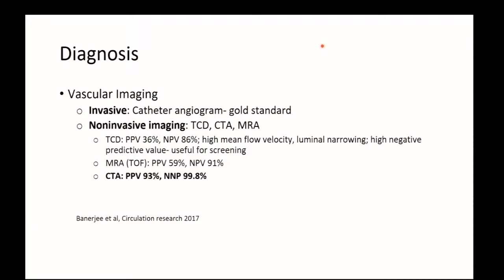So everything was compared to the gold standard for diagnosis, the catheter angiogram. This is the most accurate, most specific and sensitive method to diagnose ICAD. So the TCD, transcranial Doppler, some institutions are big in using TCD, some are not, but anyway, positive predictive value 36%, negative predictive value 86%.